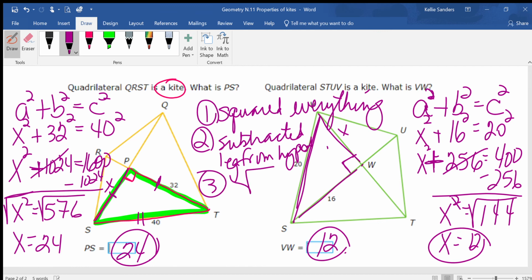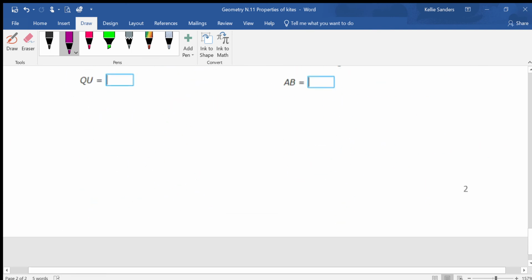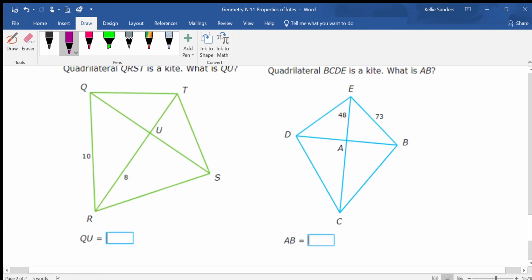I square rooted the answer. It's basically what you're going to do when you're looking for a leg. You're going to do the same thing if you're looking for the hypotenuse, except for one step. And we may or may not have to do that. I honestly do not remember.